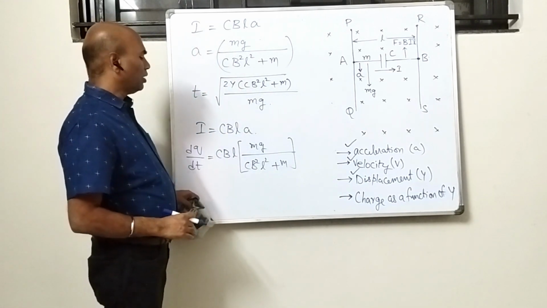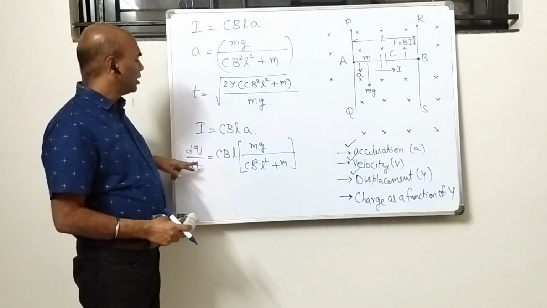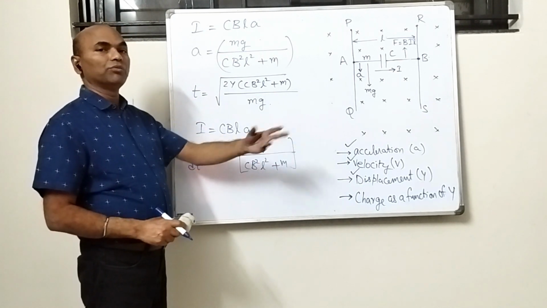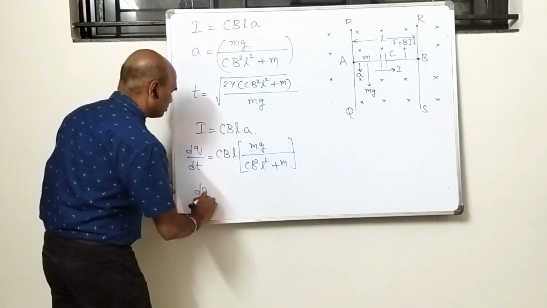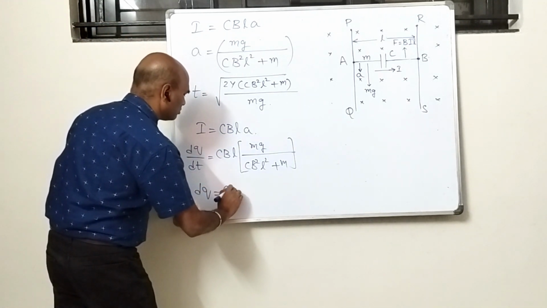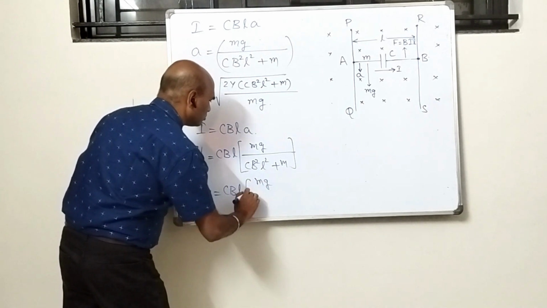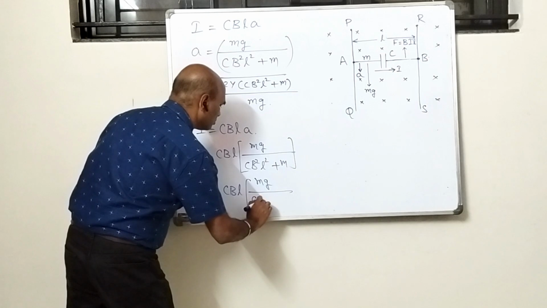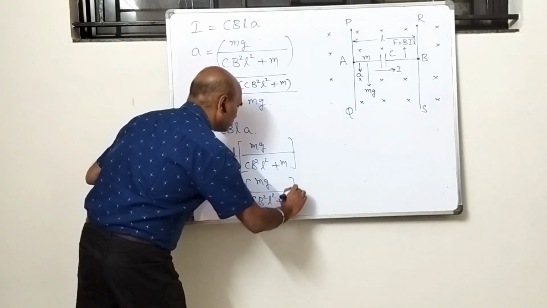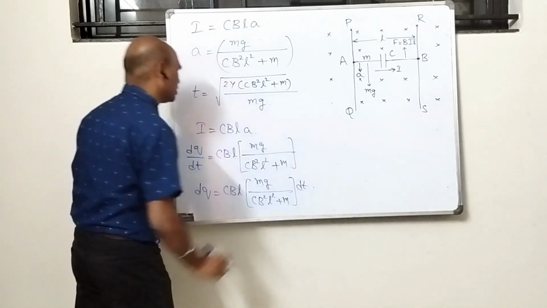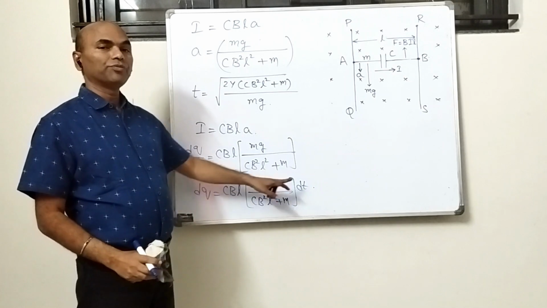Now it should be clear that as I want to get charge, I would take this term dt that side and integrate. So I got an expression for dq in terms of dt.